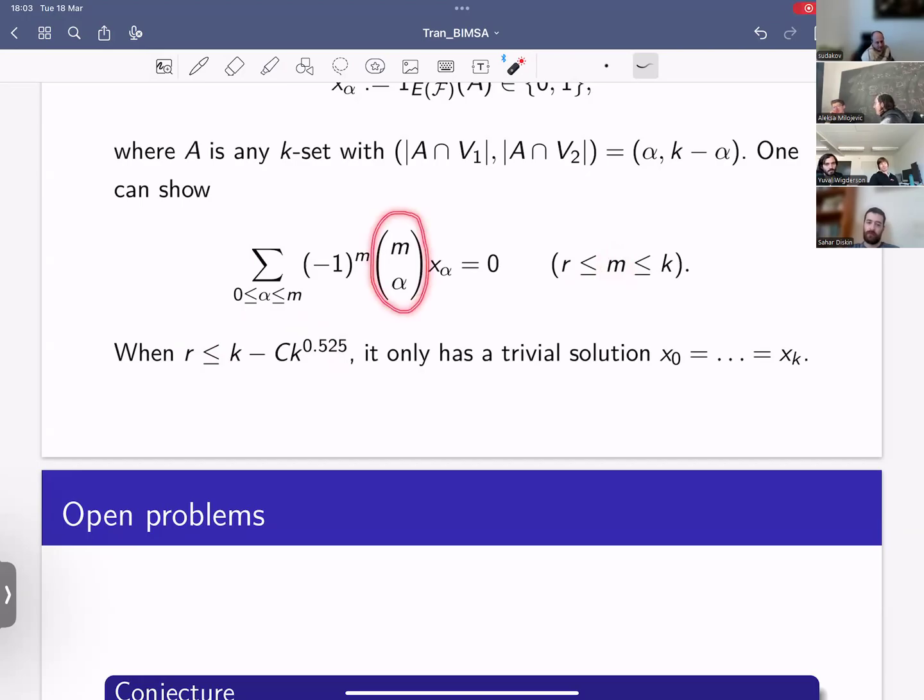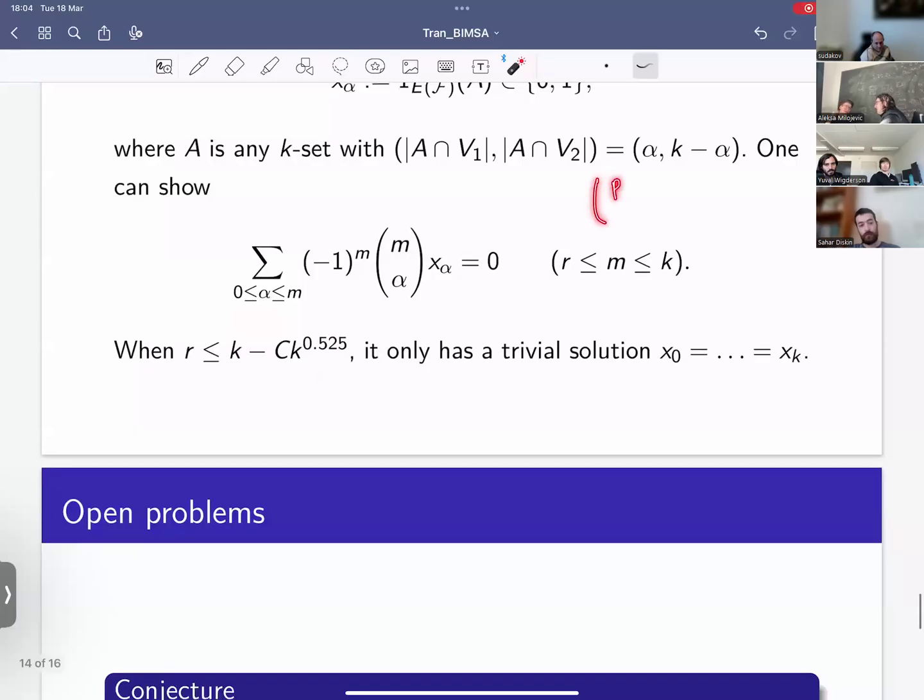or m is p minus 1, where p is a prime, then by Lucas' theorem, we know that (p minus 1) to alpha is congruent to minus 1 to the alpha modulo p.